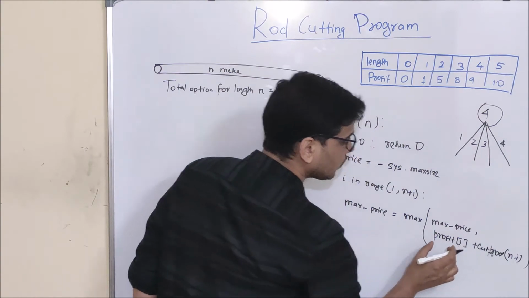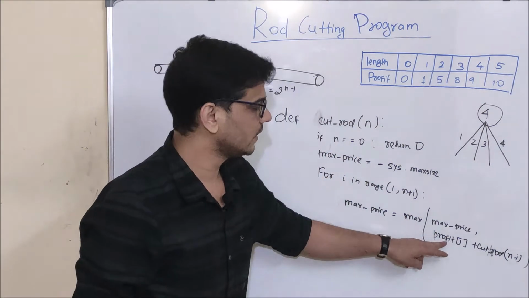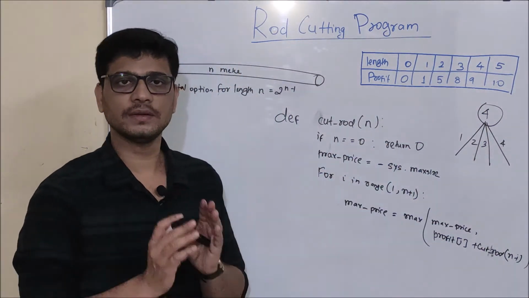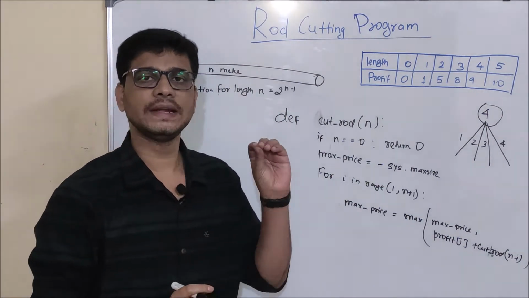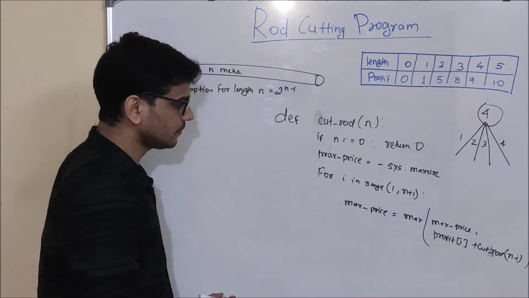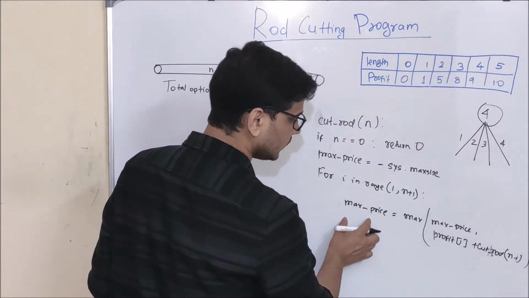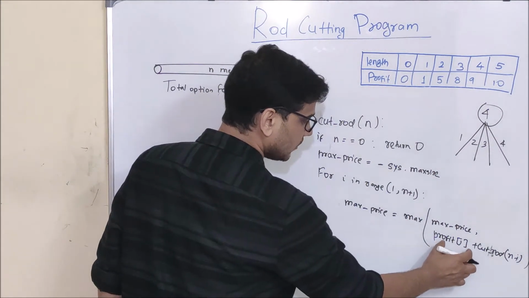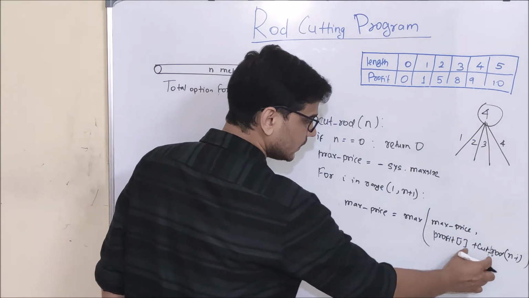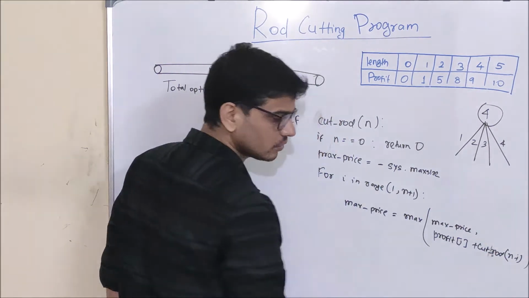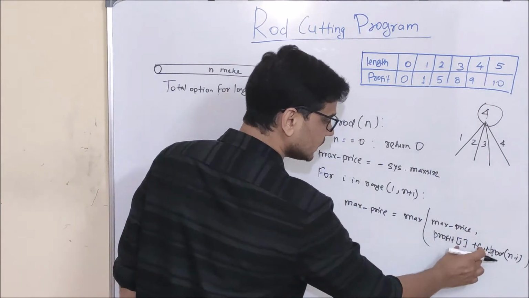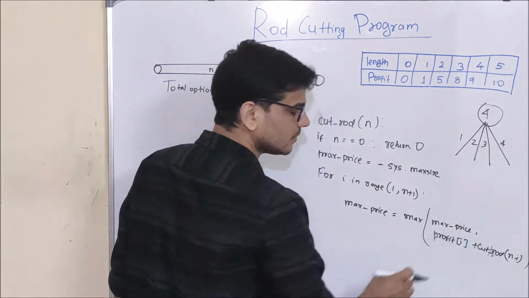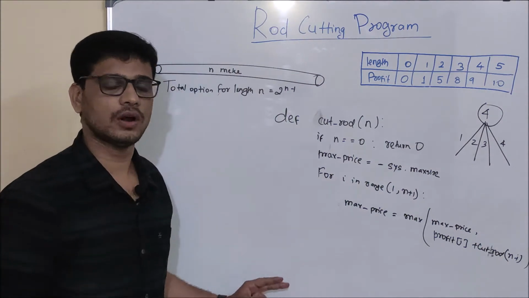See, profit will be the array in which I will be storing the profit that can be generated from an n meter rod. Basically, what I am doing here is, first I give the ith meter cut, then I call the function cut rod of n minus i, and I check whether this value is greater than my current maximum value or not.